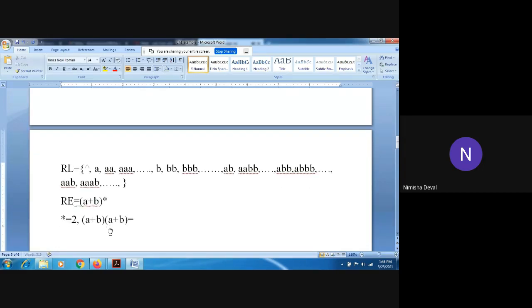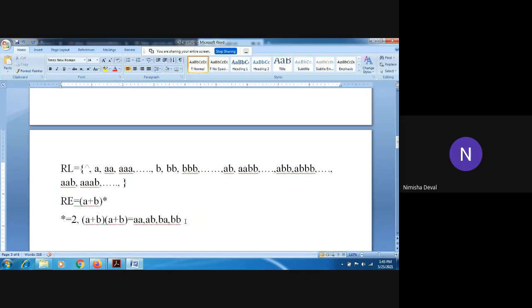And whenever you are seeing such a type of bracket, it means there are 4 possibilities of a string: AA will be there, AB will be there, BA will be there, and BB will be there. Combination A with A, AA, A with B, AB, B with A, BA, and last string B with B, double B. And this type of process goes on for 3 times, 4 times, likewise.